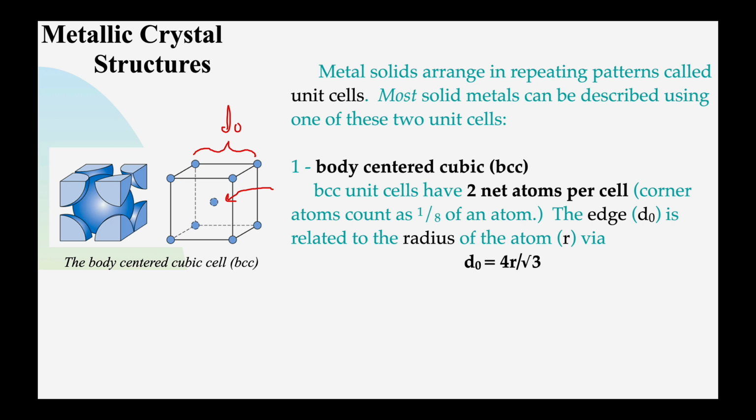But the atoms in the corners are actually part of 8 different cells. If you use your imagination a little bit, you could have a whole bunch of these unit cells stacked together. And this picture on the left shows what happens when you want to find out just how much of the atom is inside the cell.